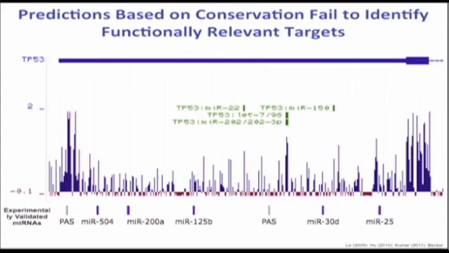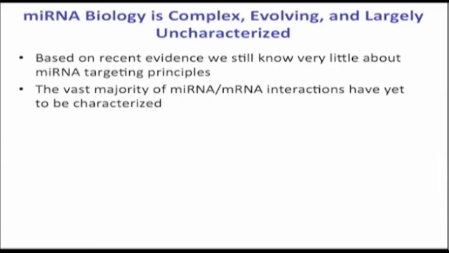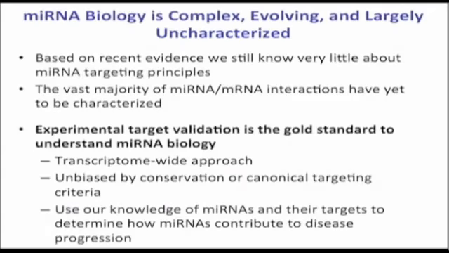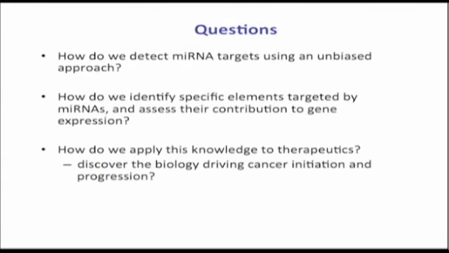If we want to detect microRNA targets in a region in a sequence that is around 2,000-3,000 nucleotides long, and we want to detect a small piece of sequence that is 22 nucleotides long, how can we do that? So this is the question that we have. How can we detect microRNA targets using an unbiased approach, right?